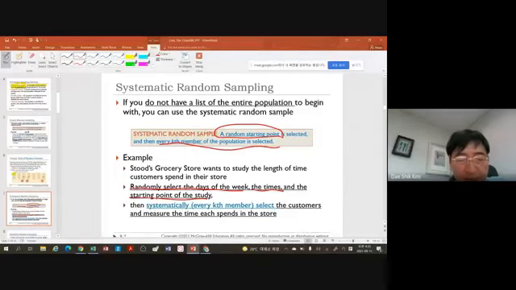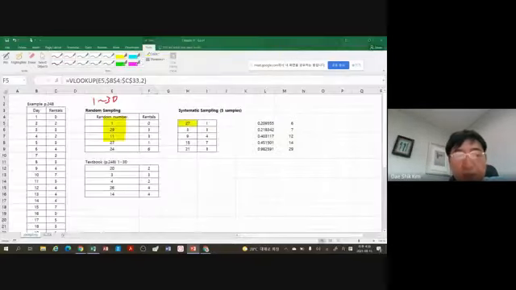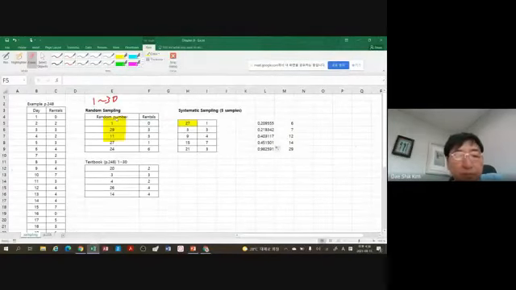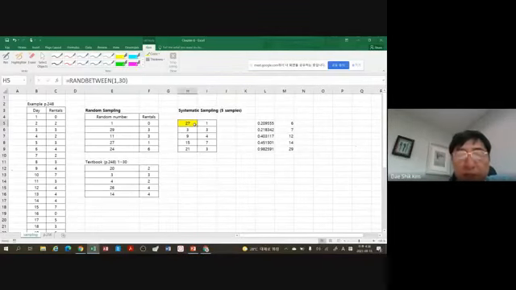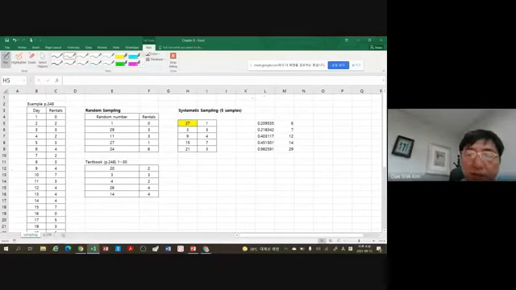For example, here, look at the Excel. At the beginning, I have chosen some numbers. Here, I use a range between 1 and 30 to randomly select the first number. The total population is 30.